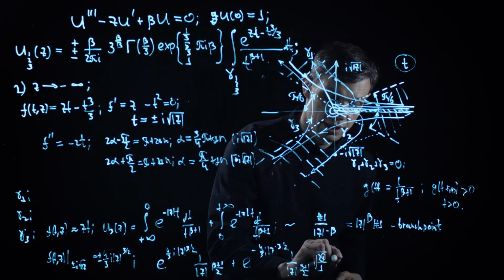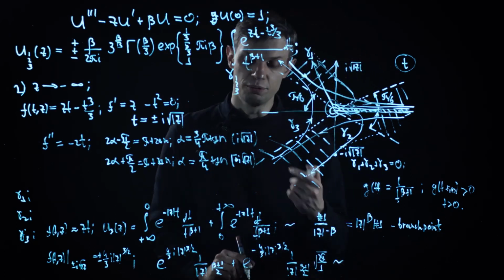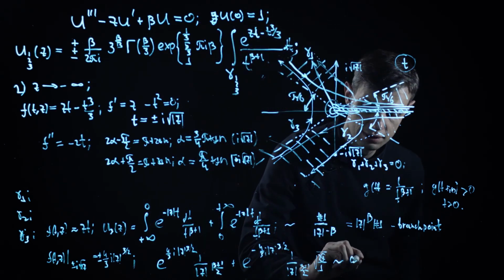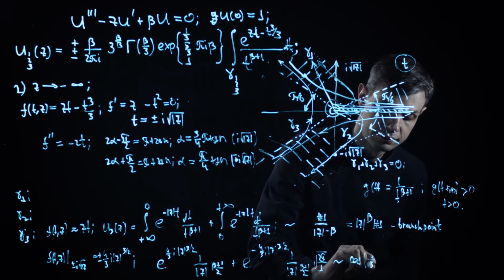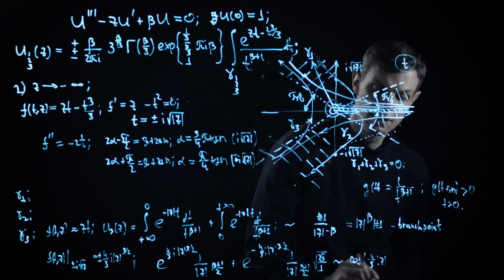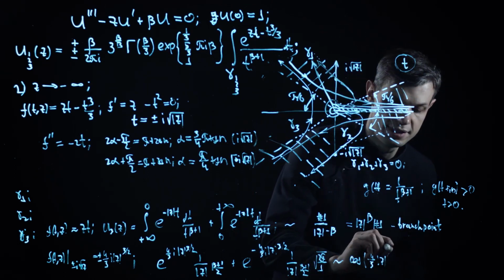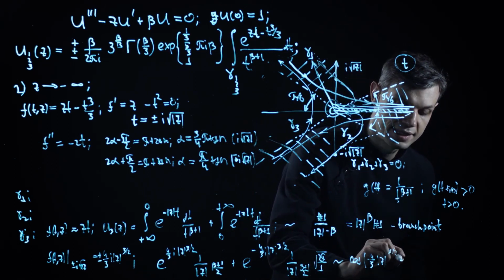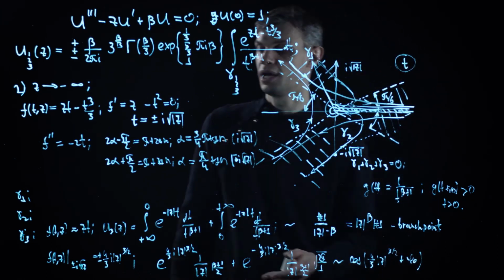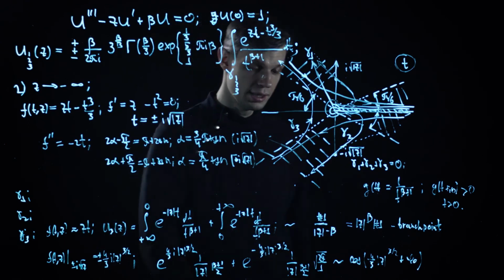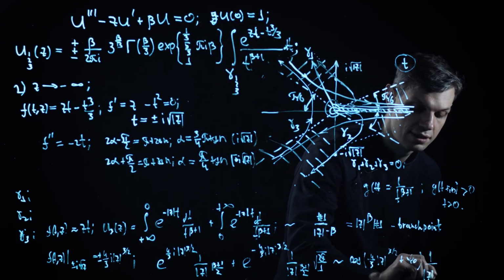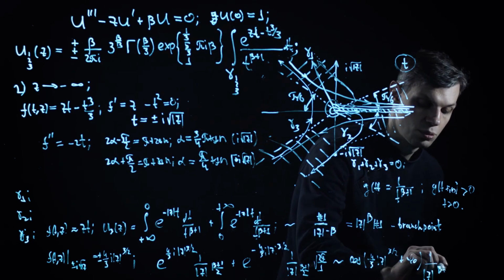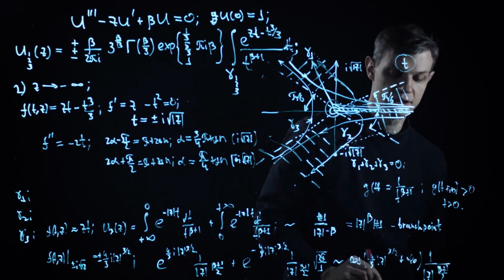So the whole contribution is proportional to the cosine of 4/3 of z to the 3/2 plus some phase, which is defined by our steepest descent expression, and the whole thing has the prefactor of modulus z to the beta plus 1/2 in the denominator.